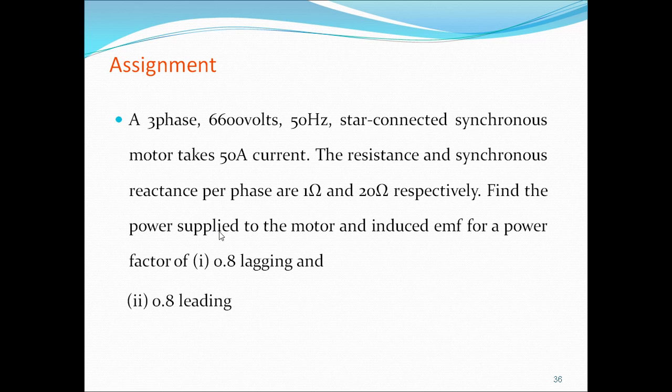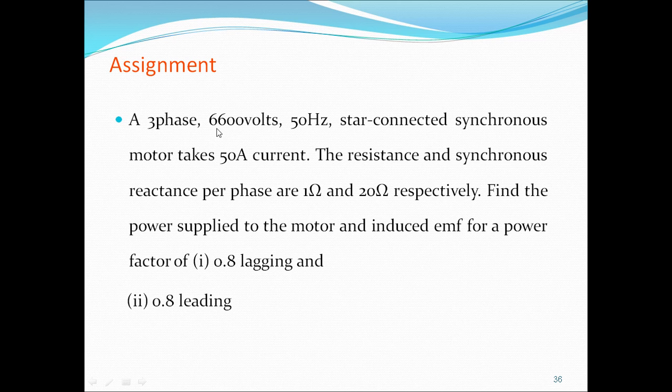Find the power supplied to the motor and induced EMF for the power factor of 0.8 lagging and 0.8 leading. Here we have to do two parts, that is, first one is 0.8 lagging and next 0.8 leading.